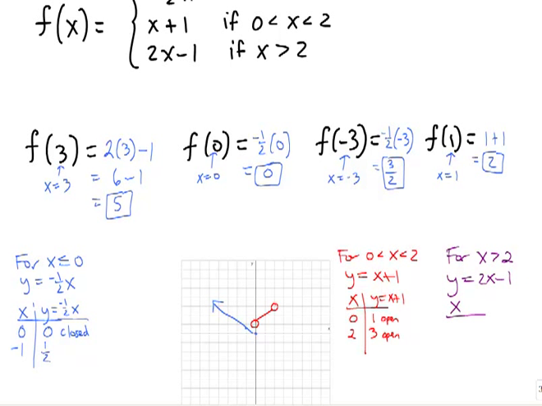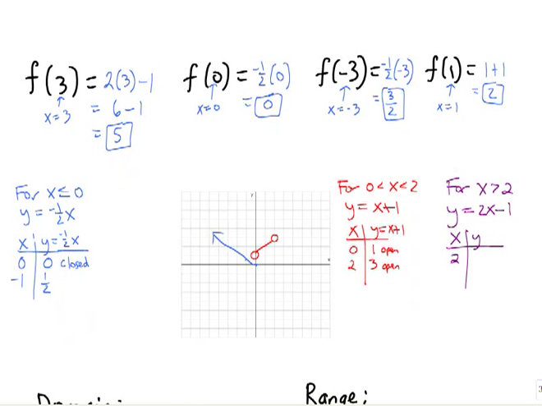And I'm going to make a little table, and my important point here in the inequality was this 2, so make sure you start your first x at 2, and for our second x we want to make sure we pick an x that's bigger than 2, so something like 3. Now let's plug both of those into my rule 2x minus 1. So 2 times 2 is 4, 4 minus 1 makes this 3. 2 times 3 is 6, 6 minus 1 would be 5.